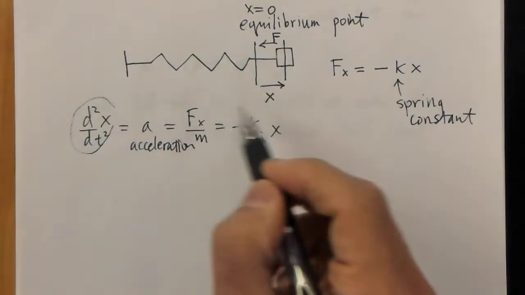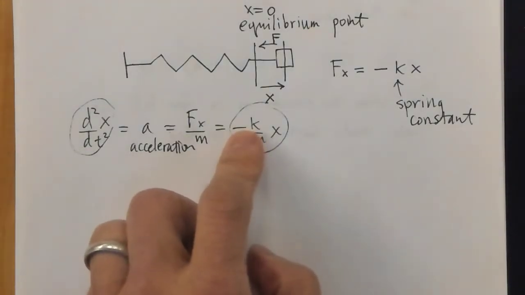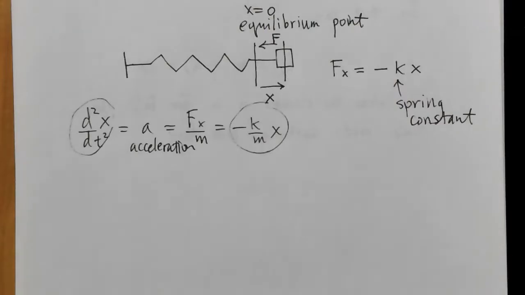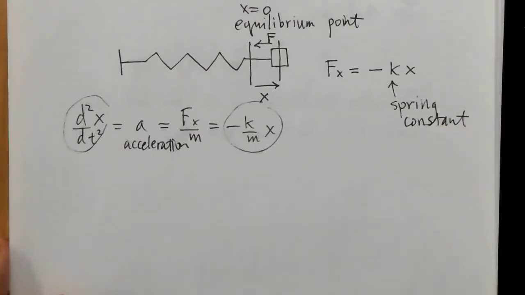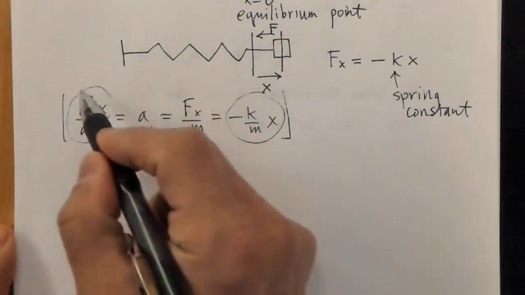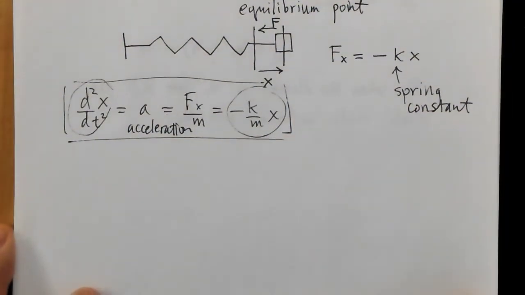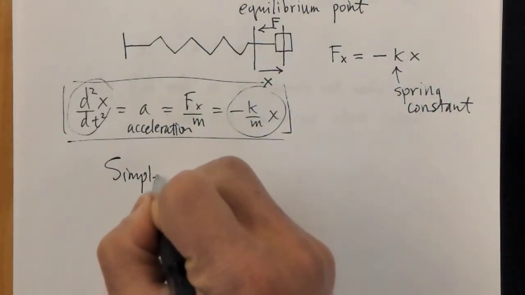And so now you need to solve an equation where the double derivative of x with respect to time is equal to minus k over m times x. The answer to that, what's called a differential equation, is cosines and sines. That's all it is. And so that's why we just start with cosines and sines. So don't worry about this. That's not necessary. This is the basis of simple harmonic motion.